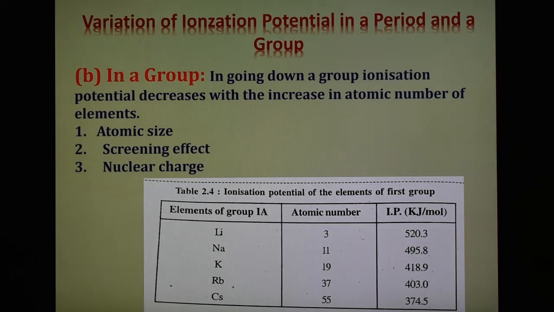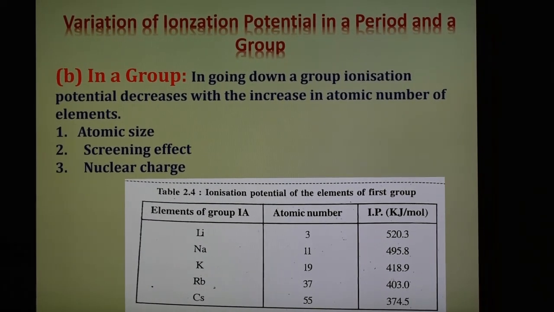So the repulsive force acting on the valence electron is balanced by the attractive force of the nucleus, and hence the valence shell electron experiences less attractive pull from the nucleus as compared to the electrons present in the inner shell. This effect of inner shell electrons is known as the scaling effect, also known as the shielding effect.